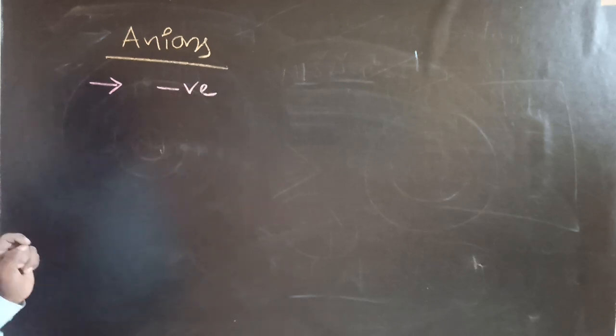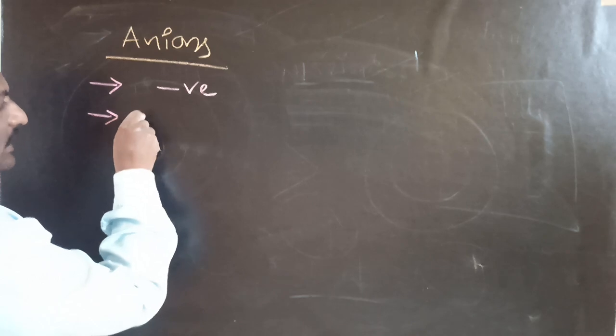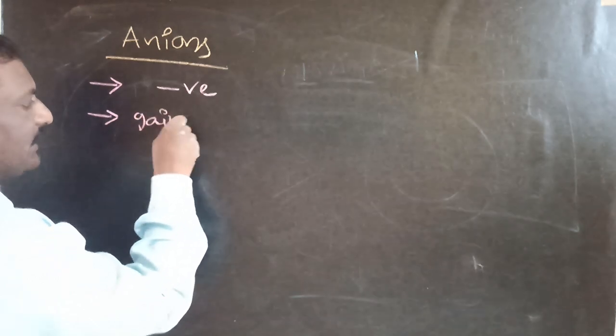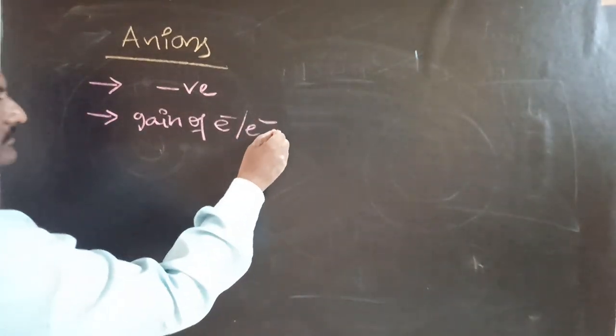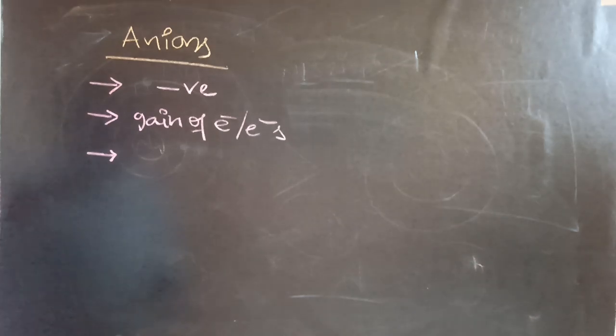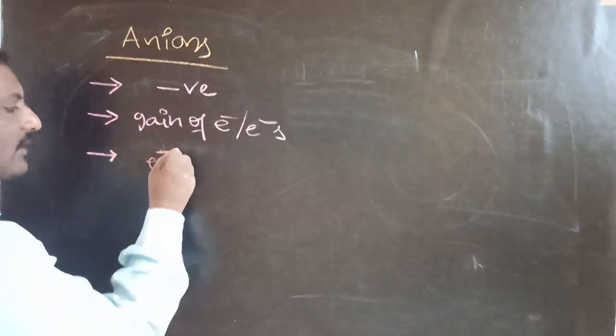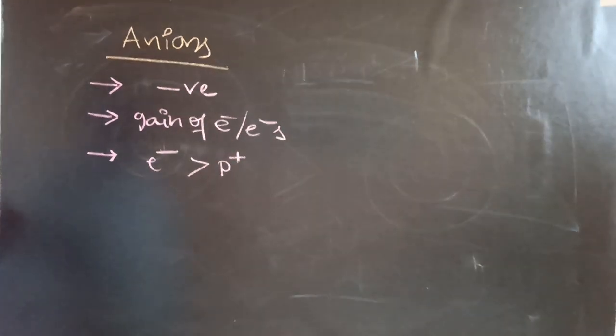These are formed by the gain of electron or electrons. In case of an anion, the number of electrons is greater than the number of protons.